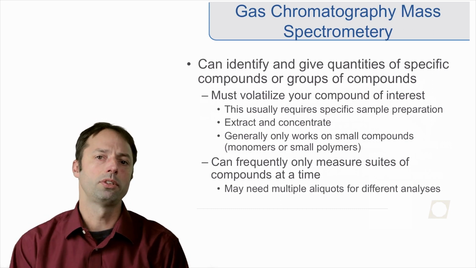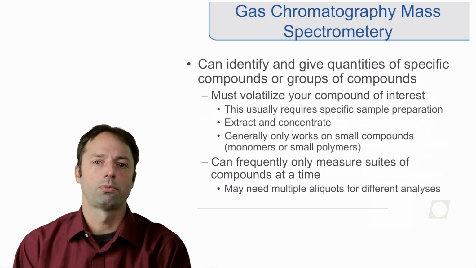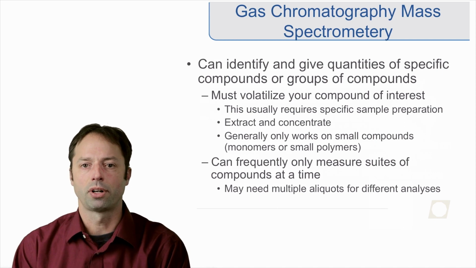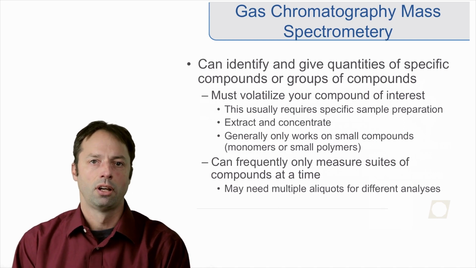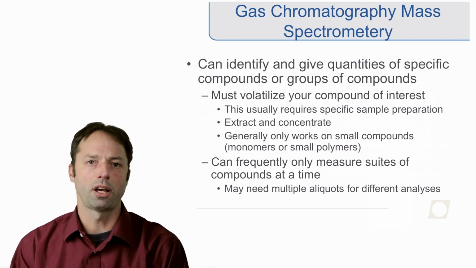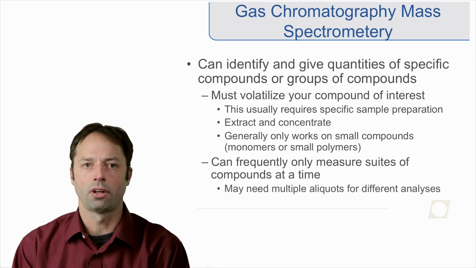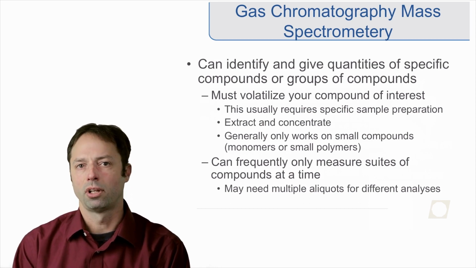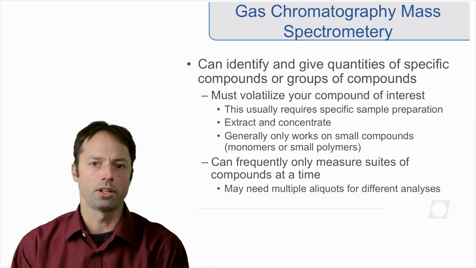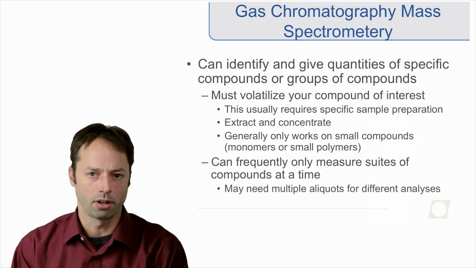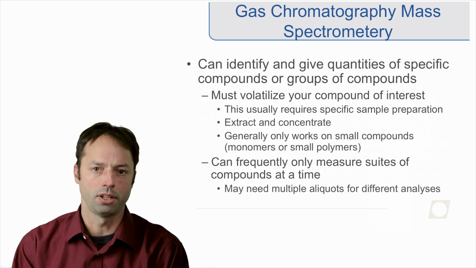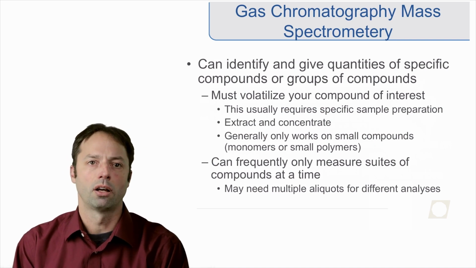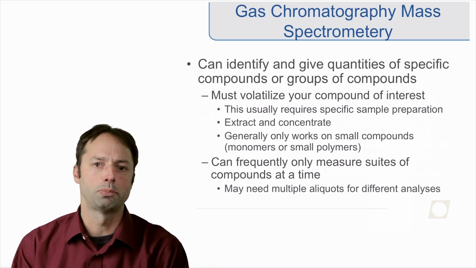So just to go into a little bit more detail about this, without running through all of the technical details, you can identify quantities of specific compounds or groups of compounds. For example, if you wanted to measure all of the lipids in some type of sample, you could use this to break out specific lipids.